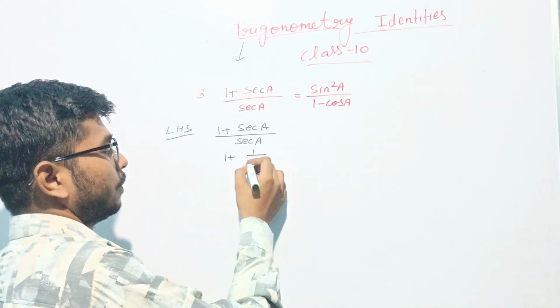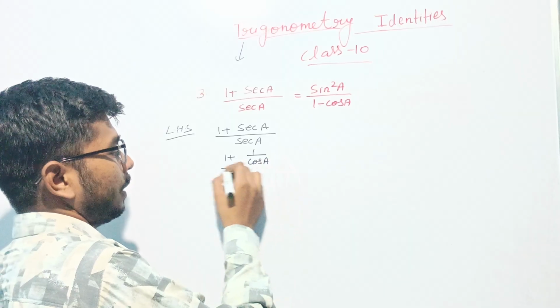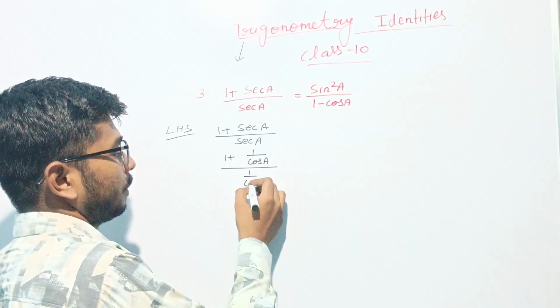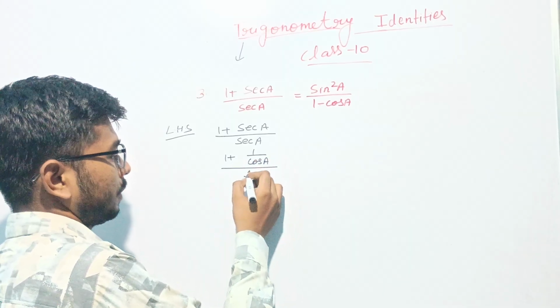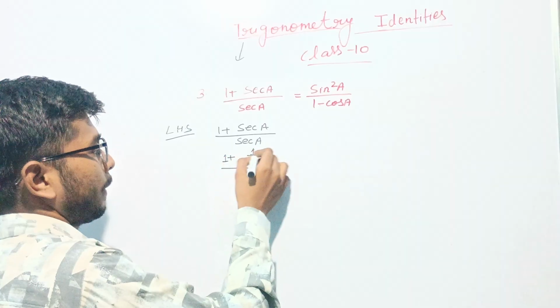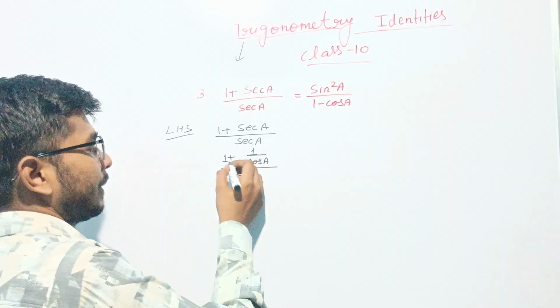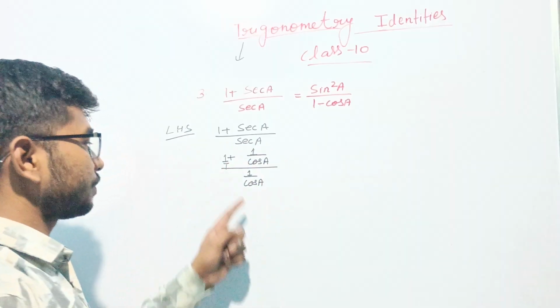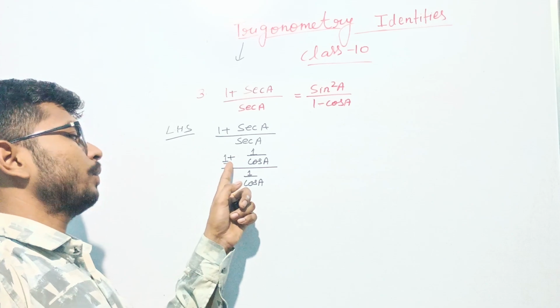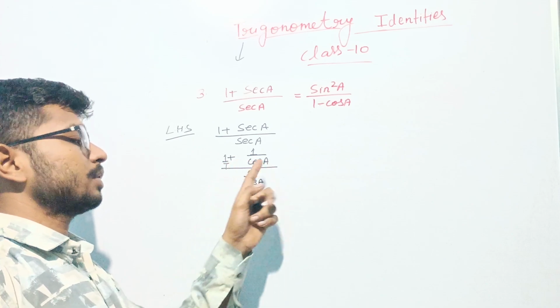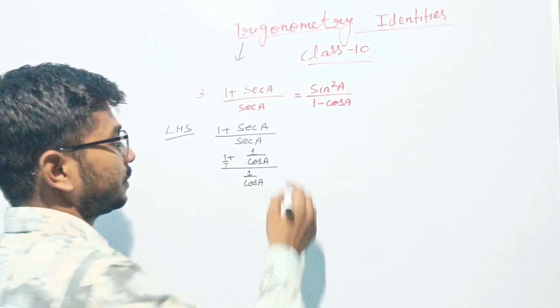So 1 plus 1 upon cos a, upon 1 upon cos a. Now let's solve. What will be the LCM of 1 and cos? Cos.